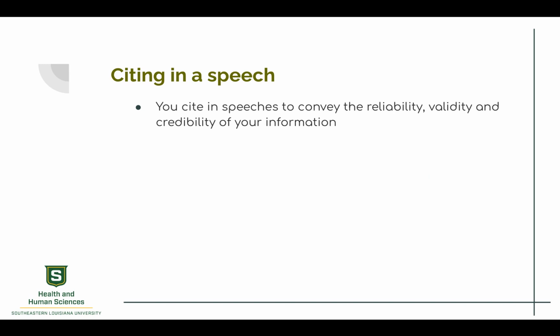Because in an academic speech, or in science conversations, credibility is very important, reliability is very important, validity is very important, because we don't want people just coming out of the woodwork and making all kinds of statements that don't have any backing.